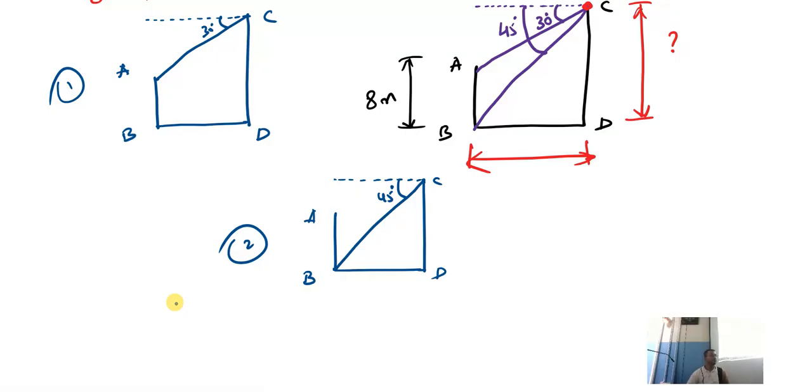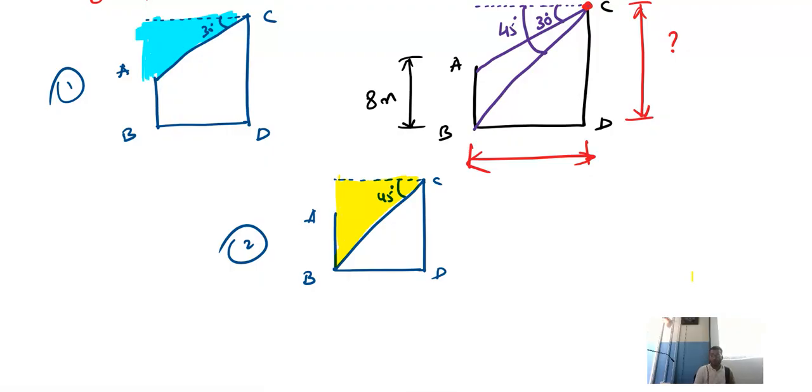Clear? The first angle of depression is 30 degree for the top, and the second angle of depression, to the bottom, is 45 degree. Now you got the difference? Yes, sir. Now what I am going to do here, observe here.